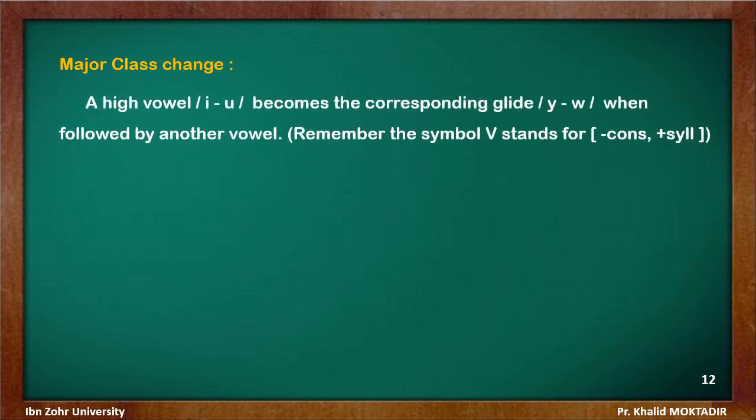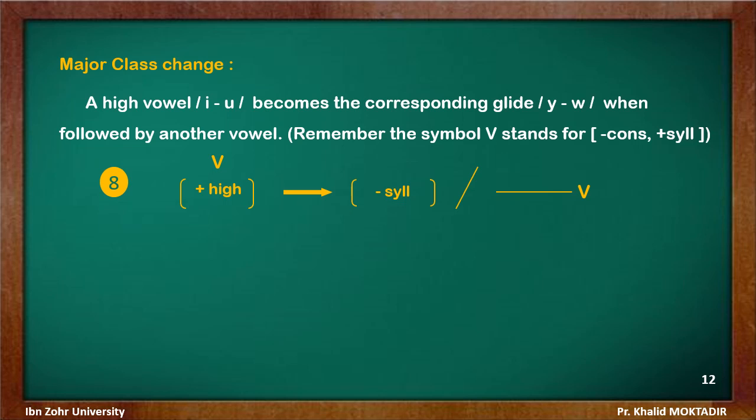The major class change. Remember, we have three major classes: consonants, vowels, and glides. A high vowel becomes a glide. That is, it moves from one major class to another major class. A high vowel, E or U, becomes the corresponding glide. This means that E becomes Y and U becomes W when followed by another vowel. Remember, the symbol V stands for minus consonantal plus syllabic.